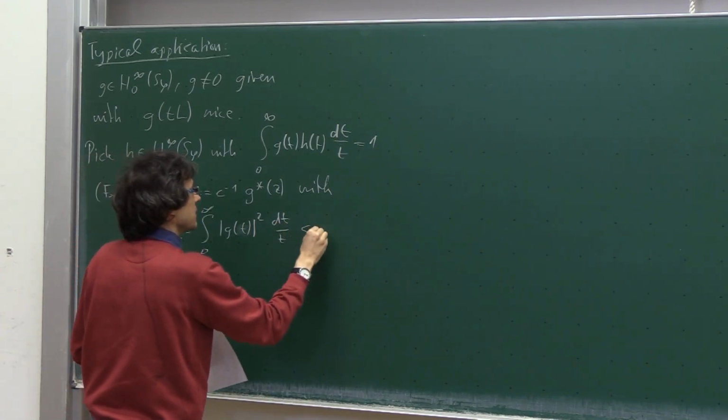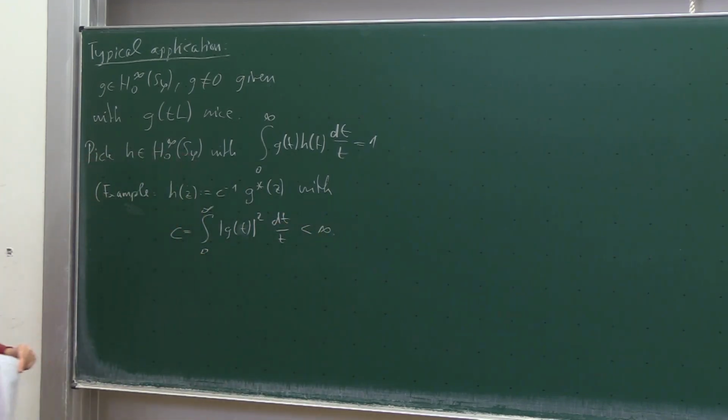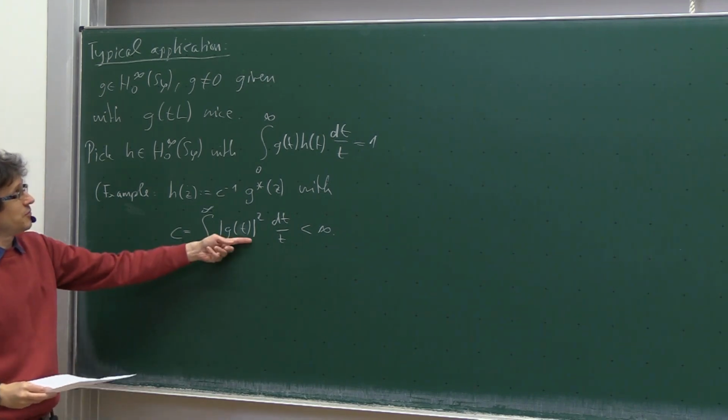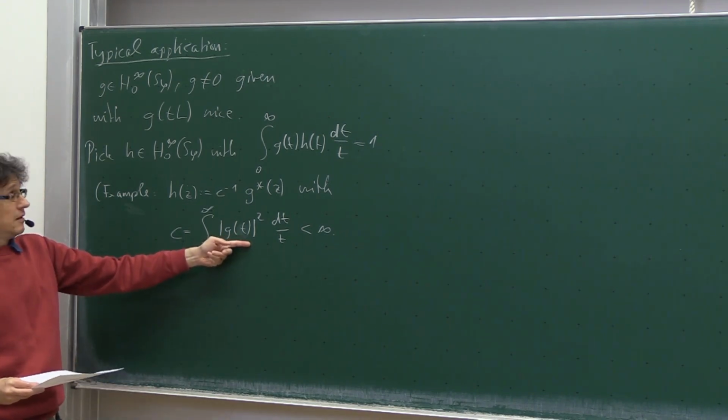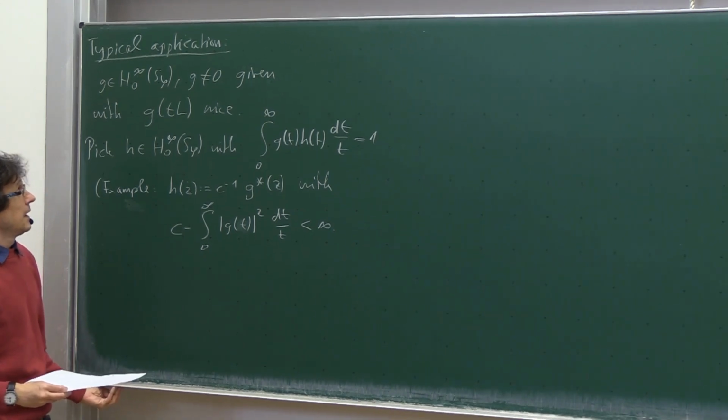And note this is always a finite number now, because this has polynomial decay at 0 and infinity, and so this is okay.